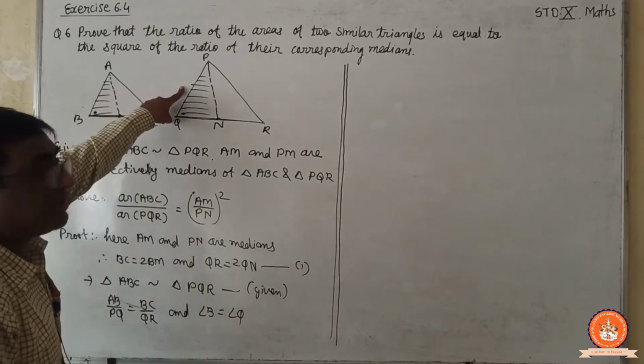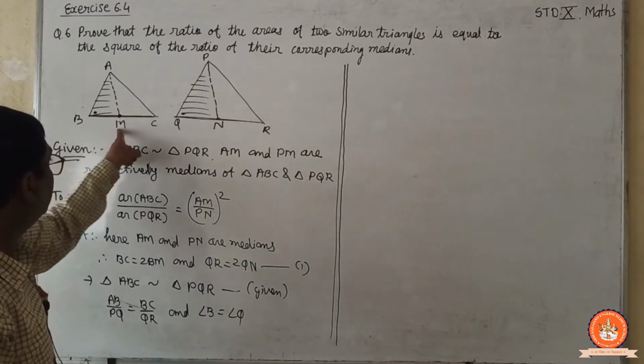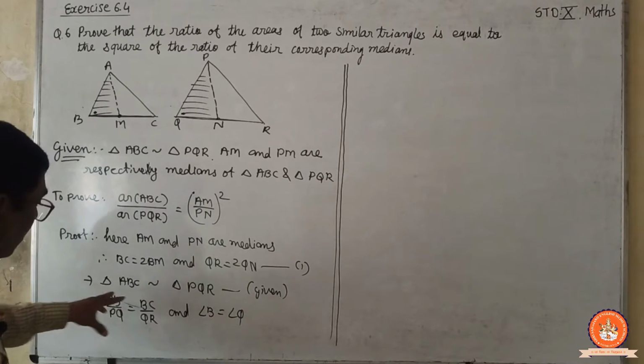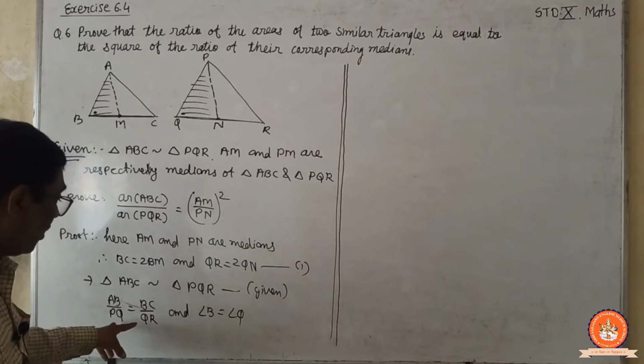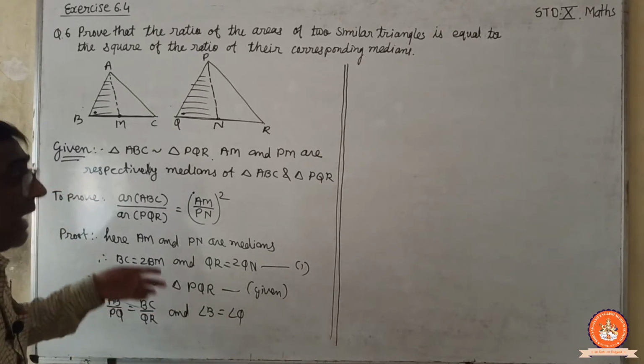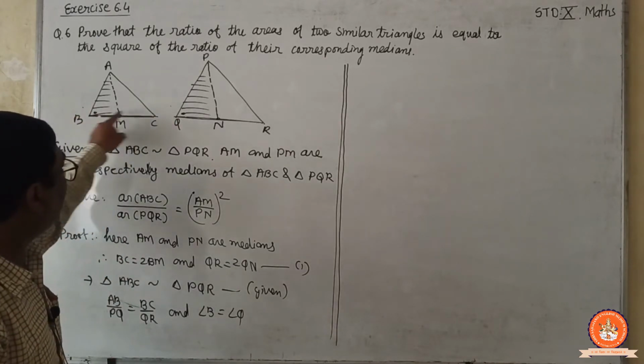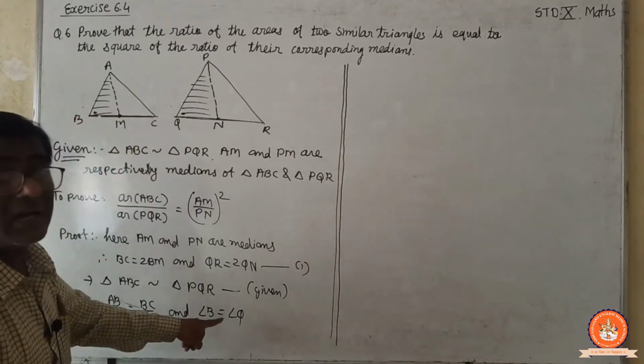AB and PQ is one pair of corresponding side, BC and QR is the other pair of corresponding side, and their corresponding angles are equal. So B and Q are corresponding angles, they are equal.